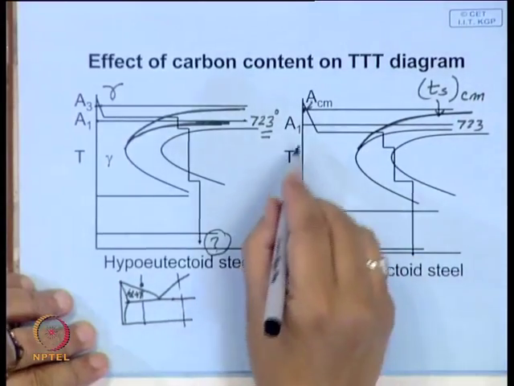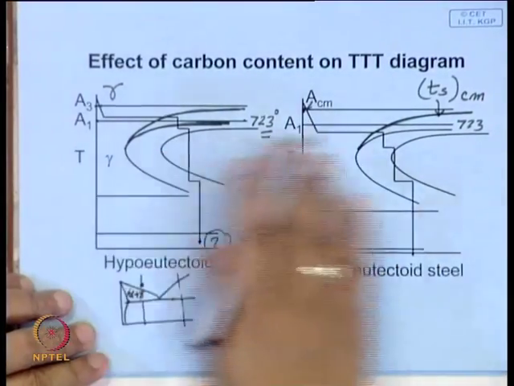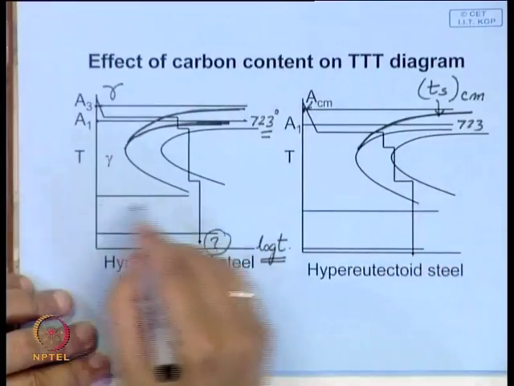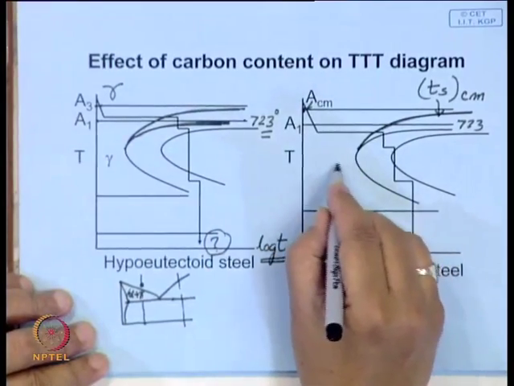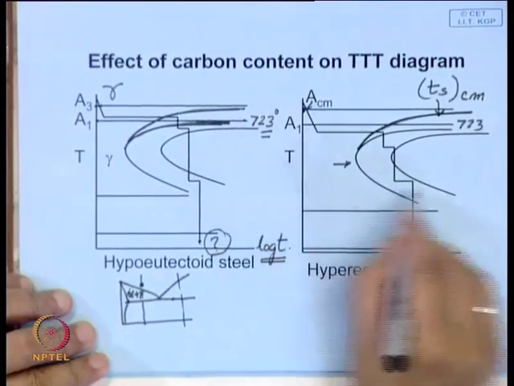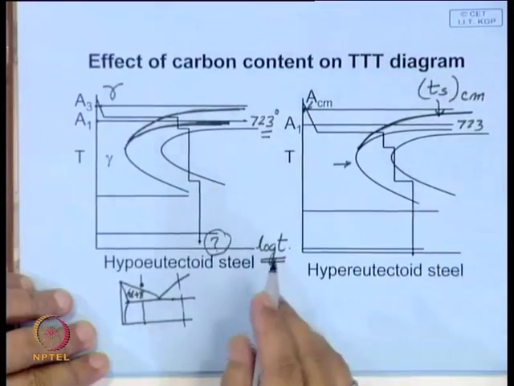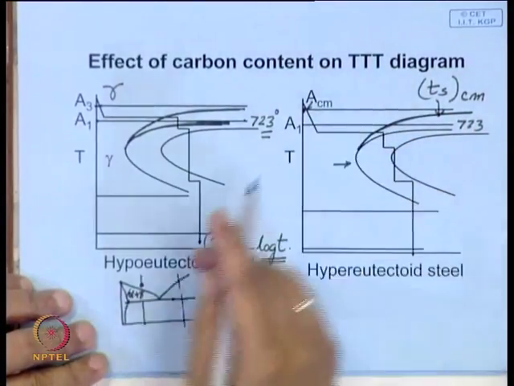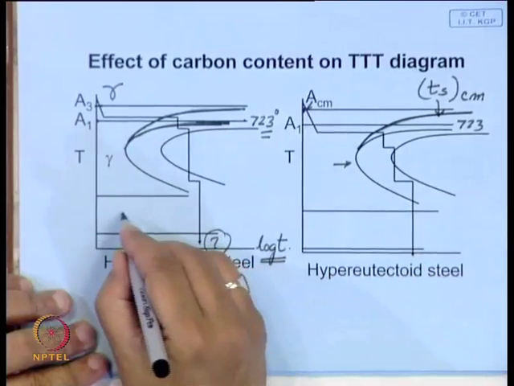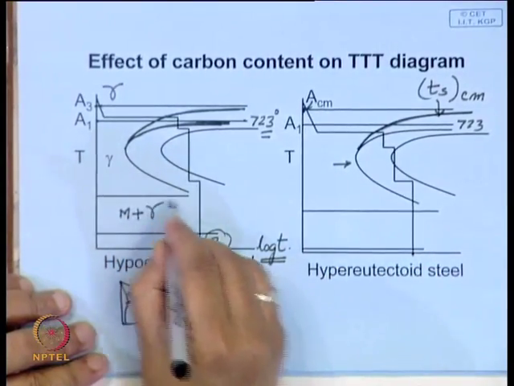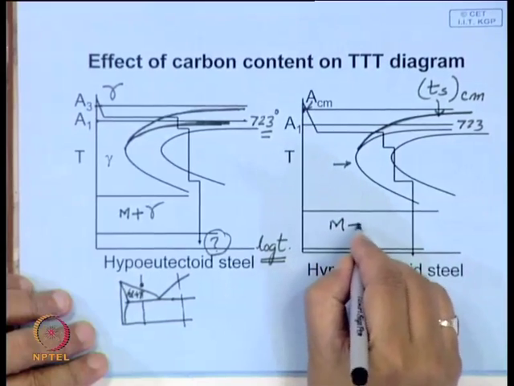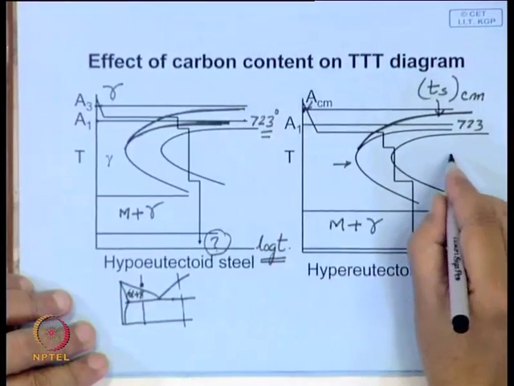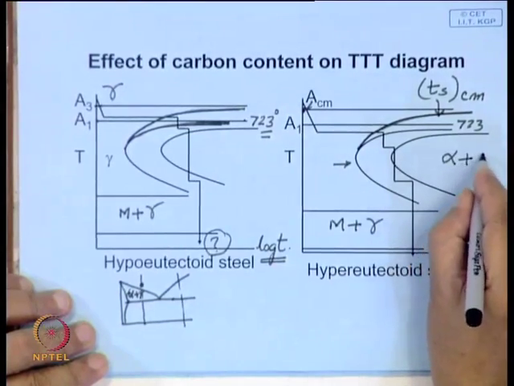Here also the nature is exactly the same, and with an increasing carbon content, you may find that these noses shift to the higher temperature side. The rest of the part is exactly the same, so I am not going into the detail. Here also you will get martensite plus austenite, and this side is ferrite plus carbide.